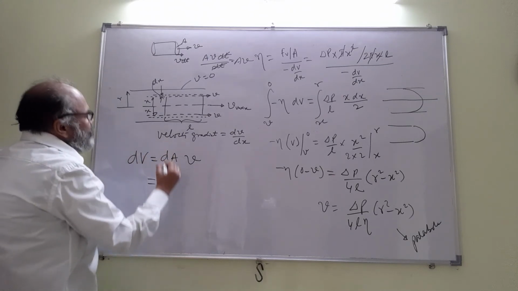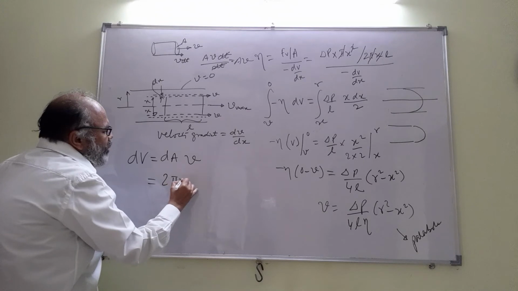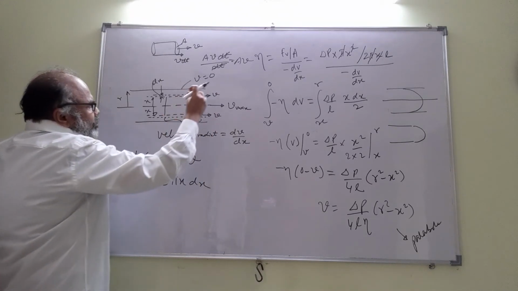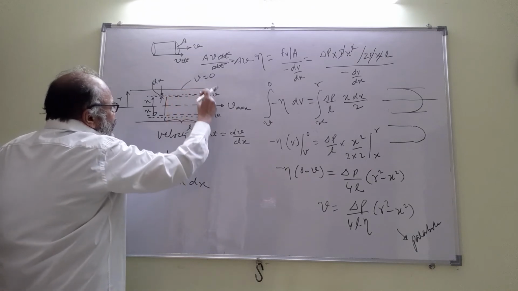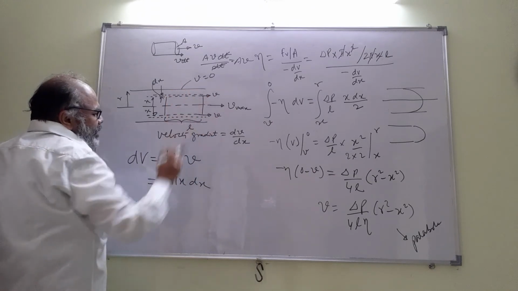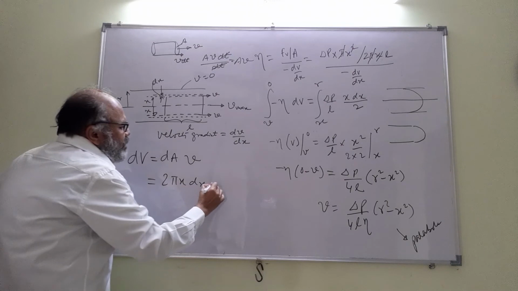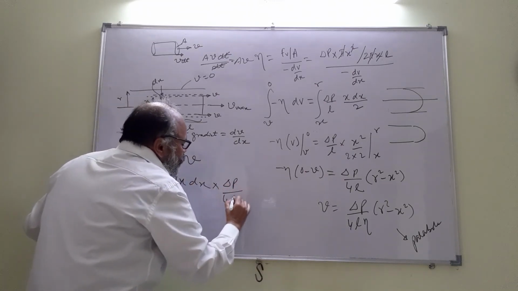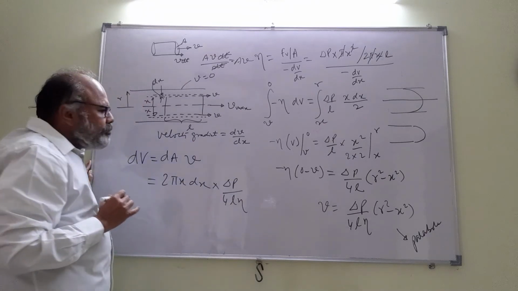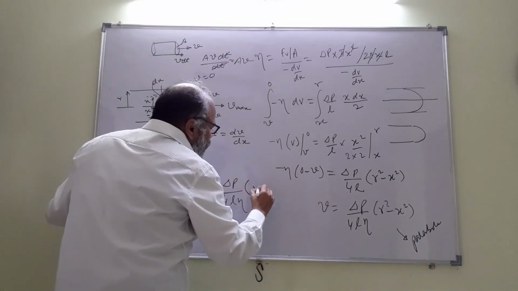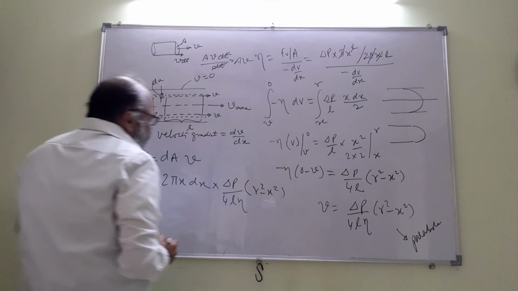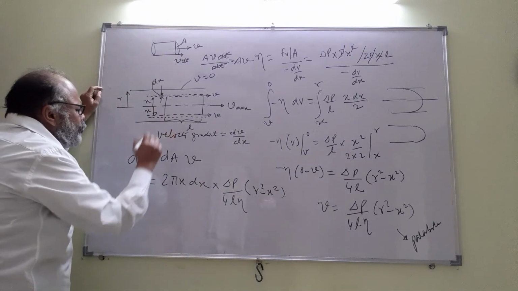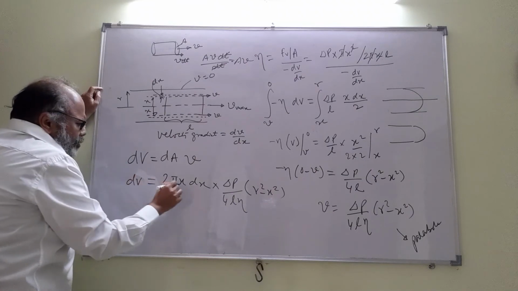We will choose dA as 2 pi x dx, a thin ring of thickness dx and radius x. So 2 pi x dx into v, where v would be delta p by 4 l eta into r squared minus x squared. Yes, that will be the infinitesimal volume flow rate.